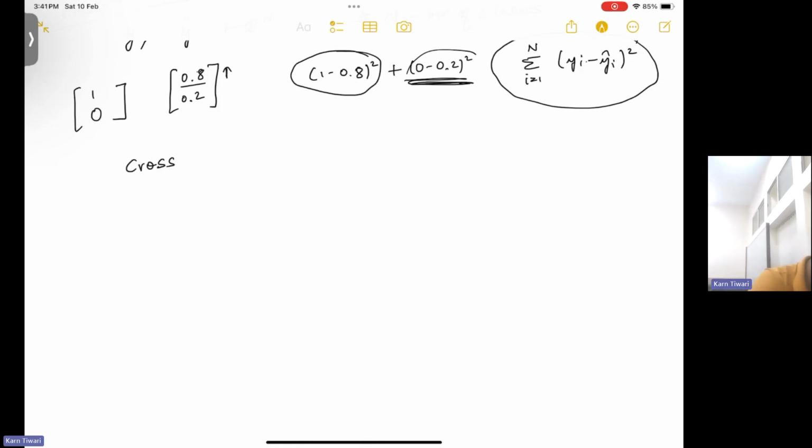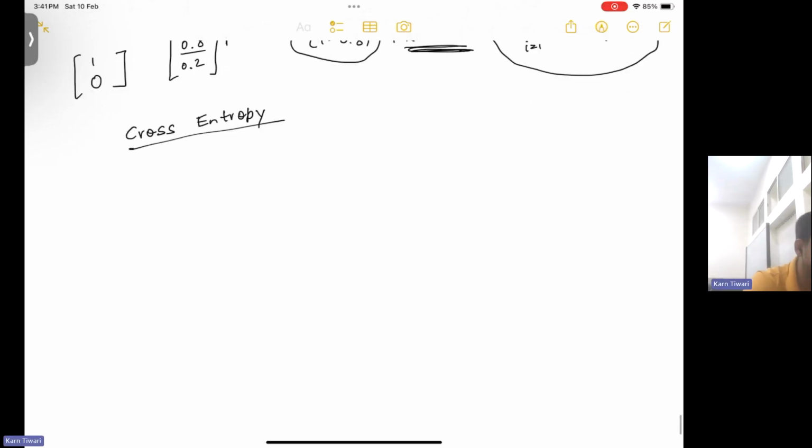To counter that, we have a loss called cross entropy. What is this loss? It takes y cap and is minus the summation, i from 1 to n, of yi log yi cap.